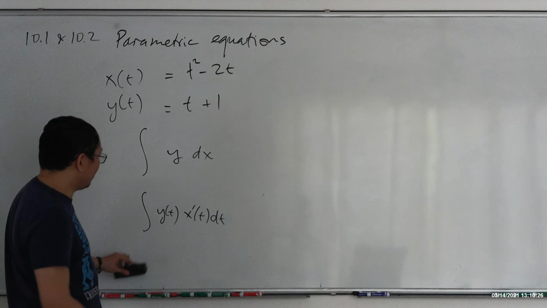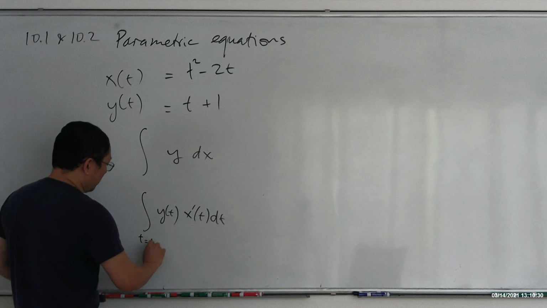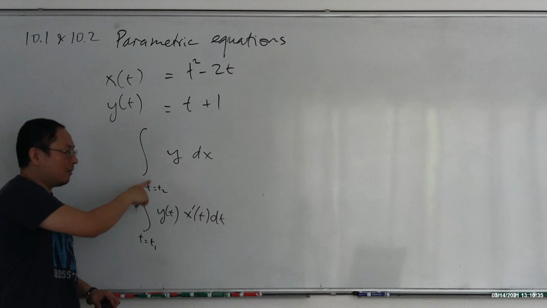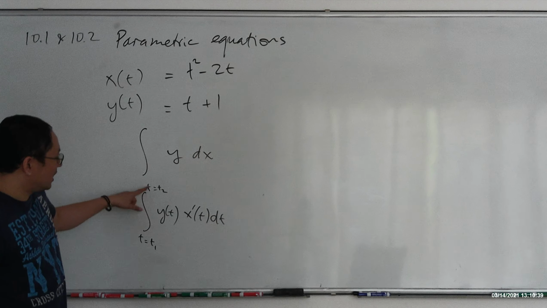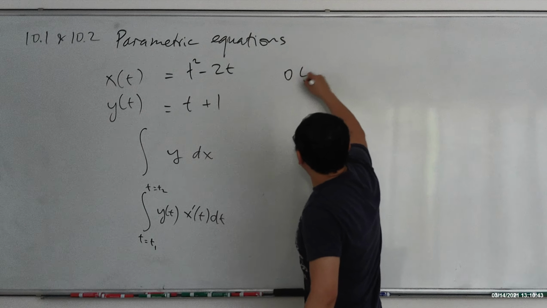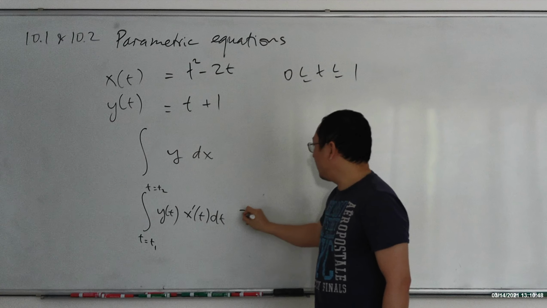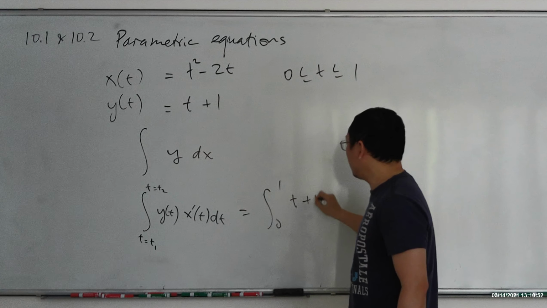Okay? And now the variable is going to run from, say, t equal to t1 all the way to t equal to t2. I'm not writing a to b anymore because a, b is used by people thinking of x running from a to b, right? But now it's t, so let me emphasize it this way. So in this example, if 0 is less than t less than or equal to 1, then t runs from 0 to 1. And this one becomes the integral from 0 to 1. Y of t is right here, t plus 1.